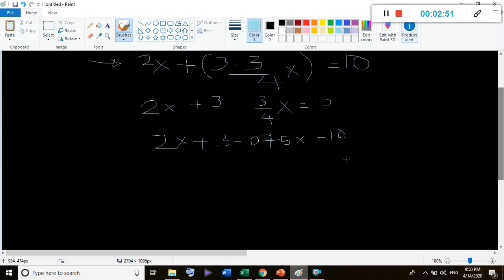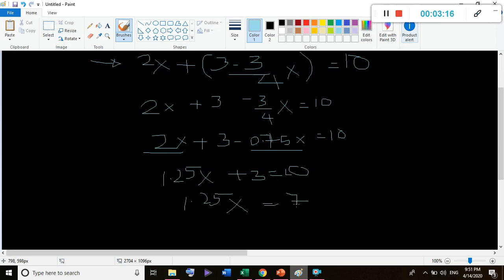So we add like terms, 2x minus 0.75x, which is going to be 1.25x, plus 3 equals 10. We move 3 over there. It's going to be 1.25x equals 10 minus 3, which is 7. Now we divide everything by 1.25, so 7 divided by 1.25, which is 5.6.